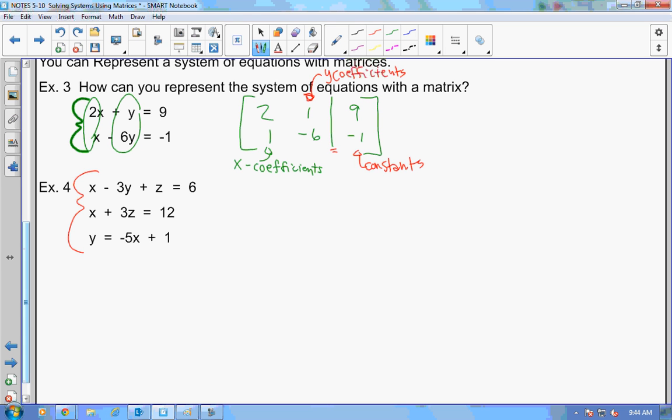Write the matrix, please. If you have to solve it, get it in the right order. Again, here's your hint. If you're missing terms, you put a 0. If it's not in the right order, use inverse operations to get it in the right order. So it's set up x's, y's, z's equals the constant.